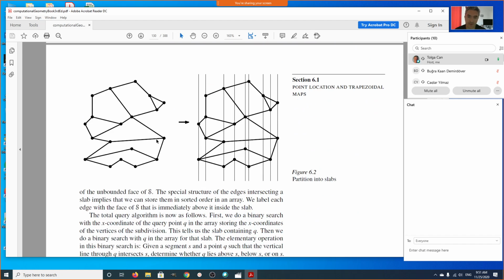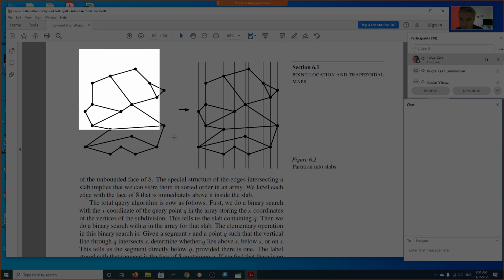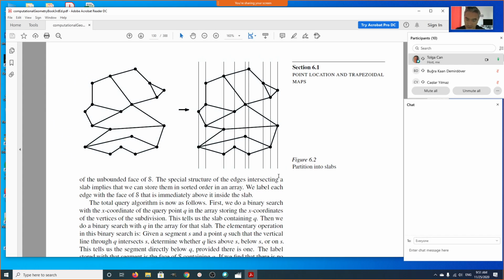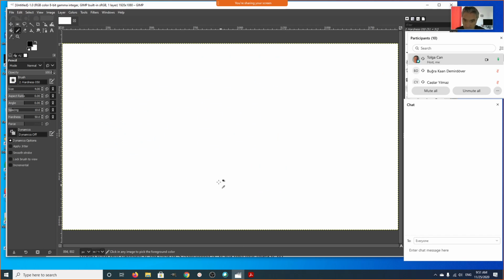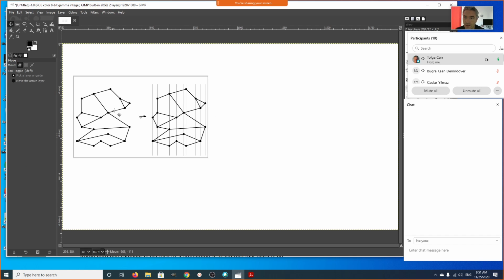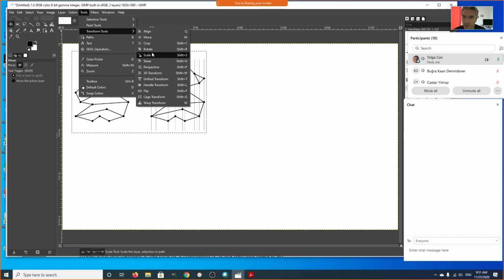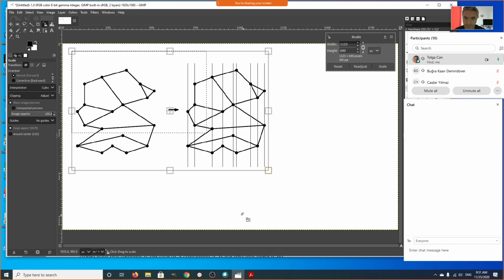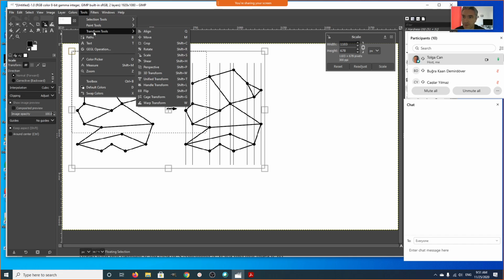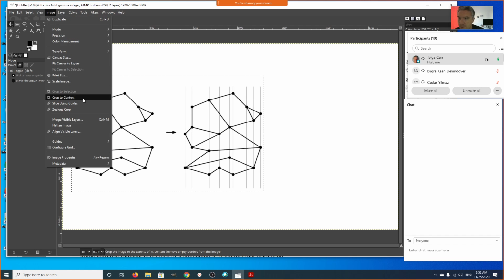Given a polygonal subdivision like this, let me copy this to GIMP and work there. All right, let me move it, and resize it a little bit, scale, I think that's sufficient, and flatten my image.